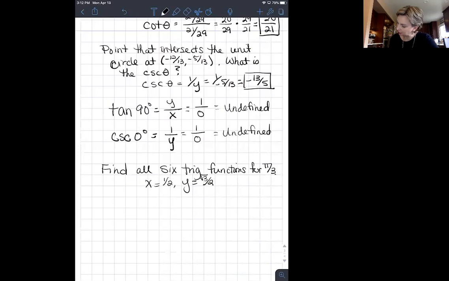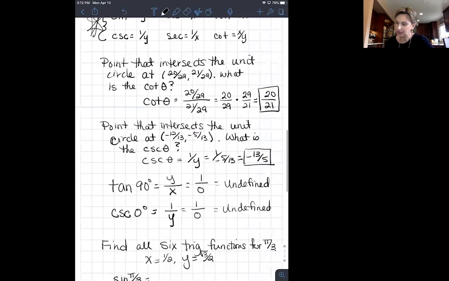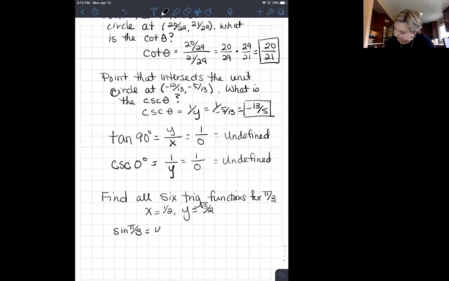Now I can just look at my different trig functions. Sine, and we've talked about these right up here. Sine is y, which is the square root of 3 over 2. So the sine of pi over 3 is square root of 3 over 2.